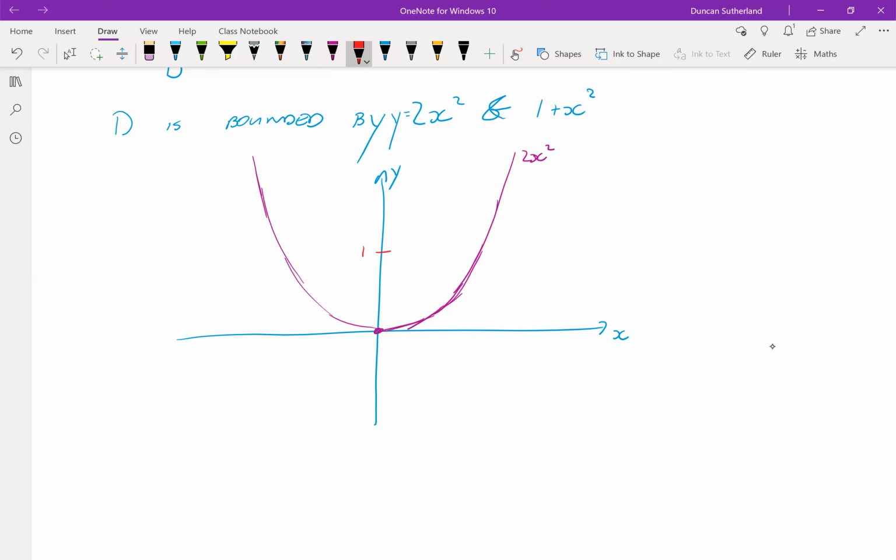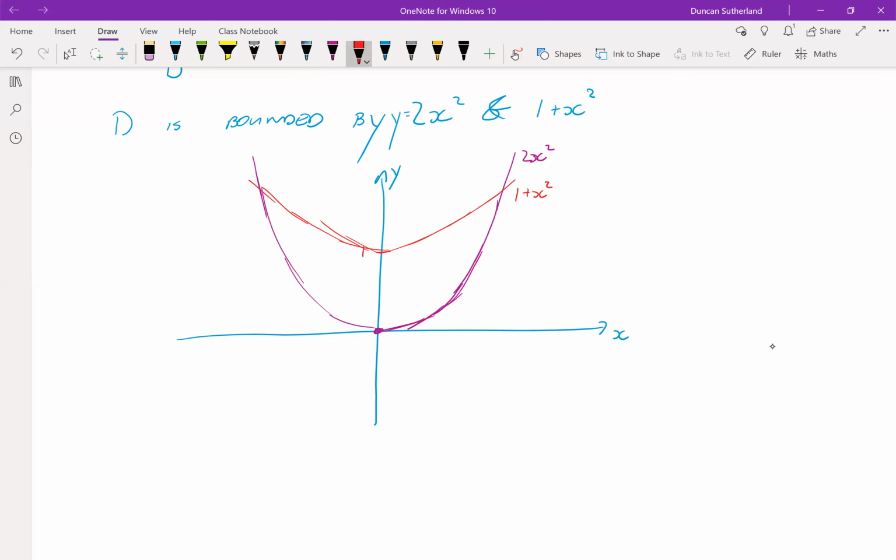And the parabola grows slowly. So we can imagine that somewhere along the lines we're going to intersect the other parabola. So the red line is 1 plus x squared.